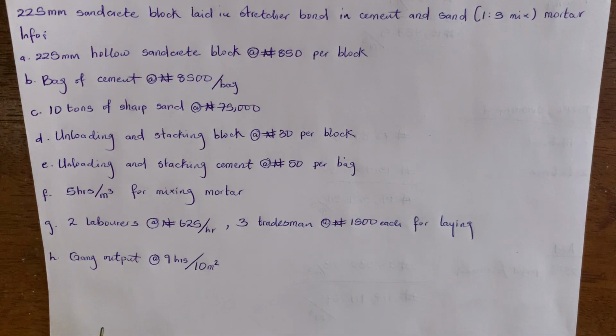And lastly, gang output at 9 hours for 10 meters square of block work. So it means that this 9 hours is what it will take them for the mixing and the laying of the blocks for up to 10 meters square of block work.